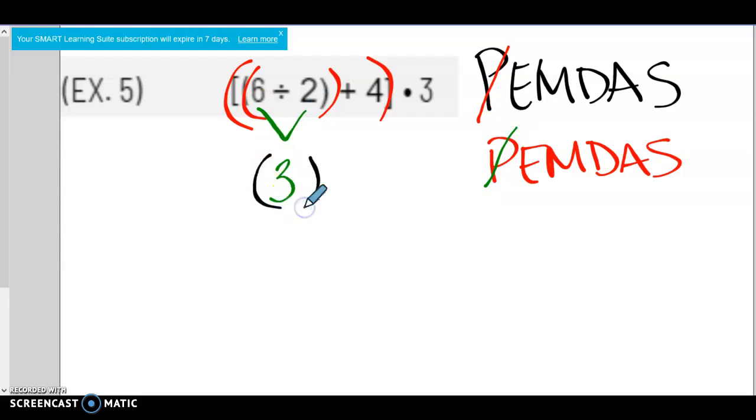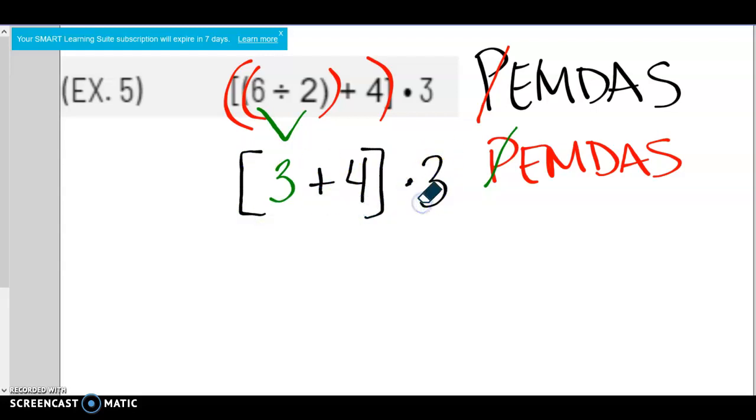We bring everything else down. And like I said before, because there's nothing being multiplied outside of that parentheses, we can drop the parentheses for that 6 divided by 2. All right, we bring down that plus 4 and then times 3.